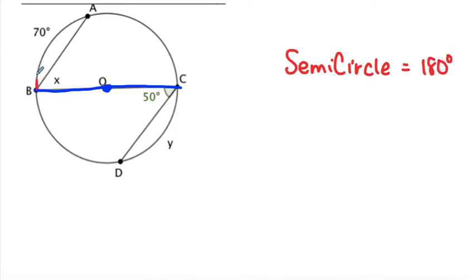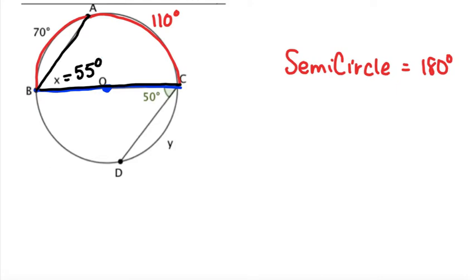I see that this arc here is 70 degrees, which means this arc here completes the semicircle, so it would have to be 110 degrees. Now I look at angle x. It is an inscribed angle, so it's got to be half the arc that it intercepts, so it would be 55 degrees, which is half of 110.